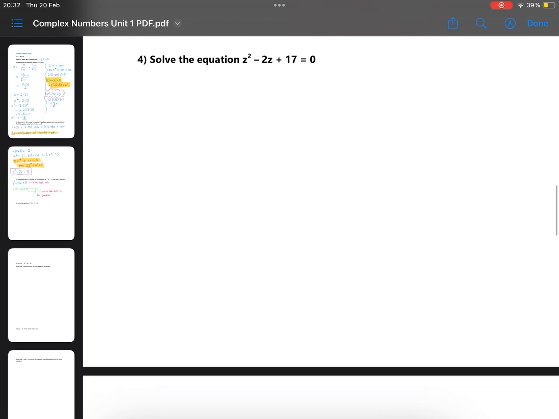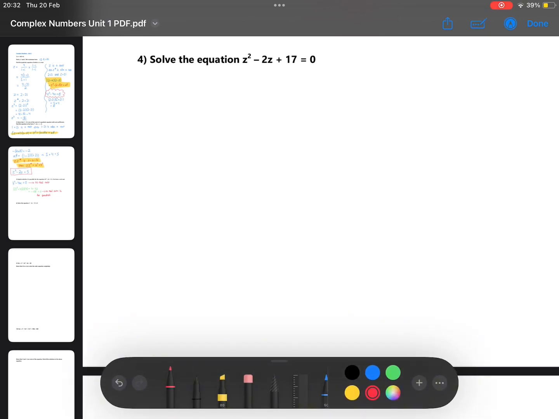So now to solve the equation z squared minus 2z plus 17 equals 0. There are multiple ways of doing this, and it's up to you which method you find the most comfortable. You could do this by completing the square or by using the quadratic formula. So I'm just going to complete the square. So z squared minus 2z plus 17 equals 0. z minus 1 squared minus 1, remember the hidden 1, plus 17 equals 0.